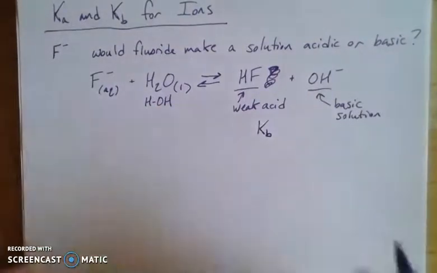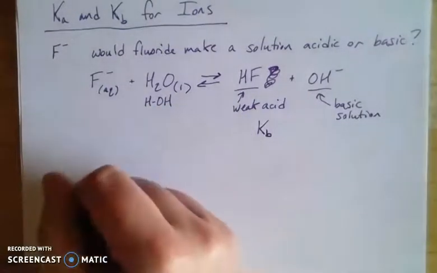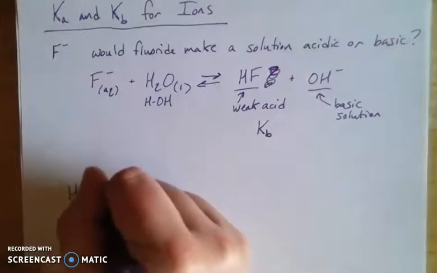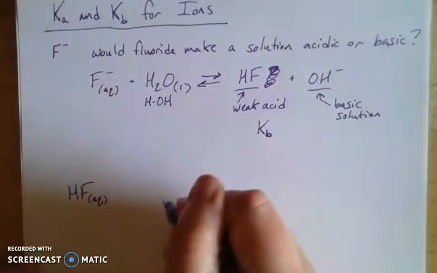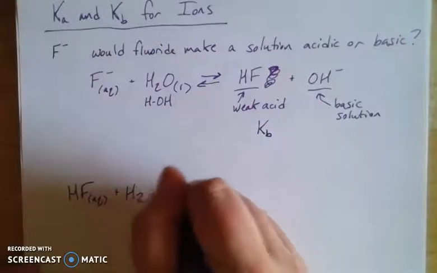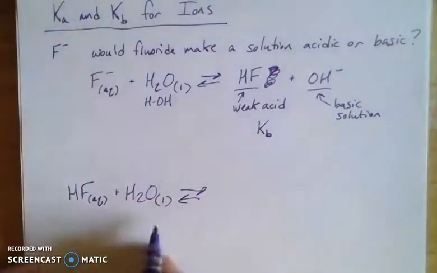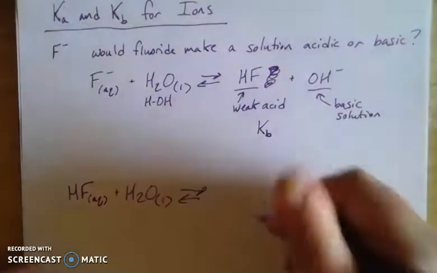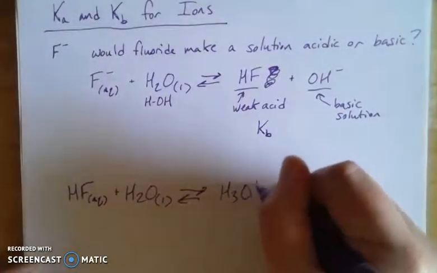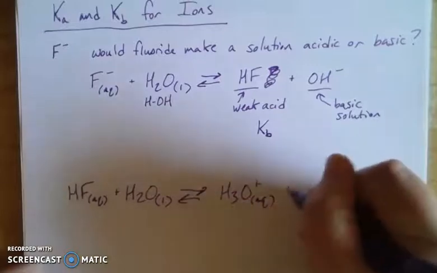Let's take fluoride again. We know that fluoride comes from hydrofluoric acid. And if we put hydrofluoric acid in water, then because it's an acid, it's going to donate its proton, forming hydronium and that fluoride ion.